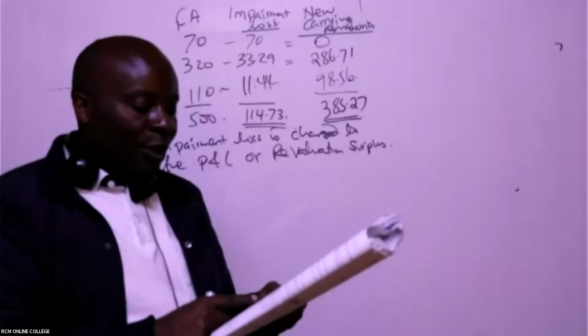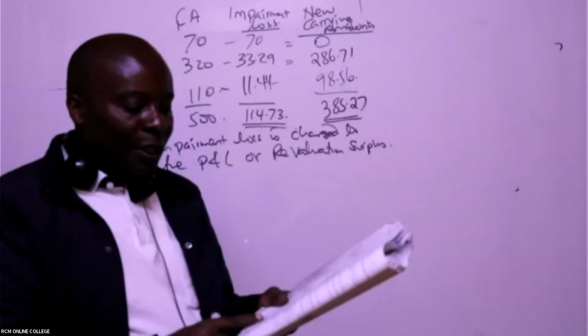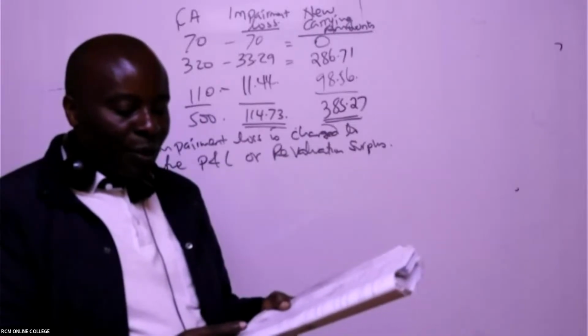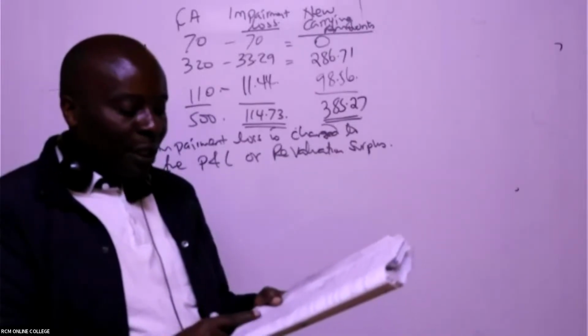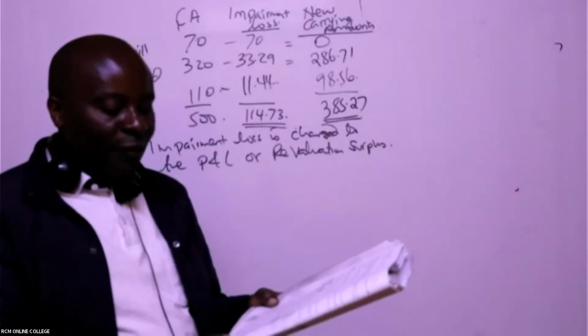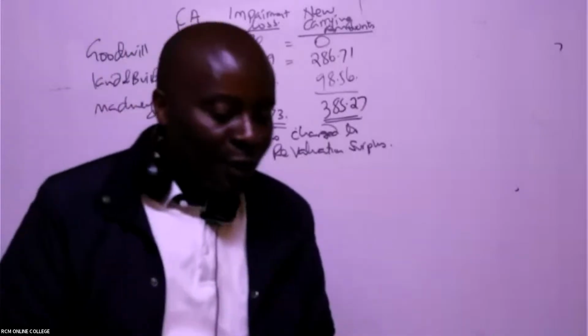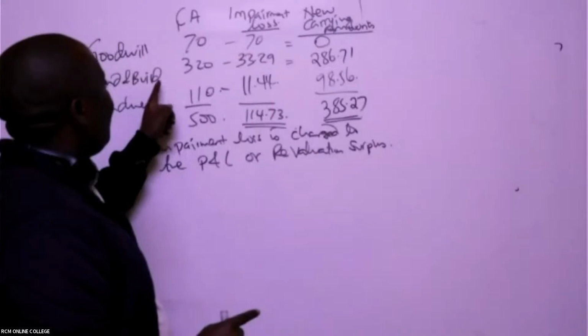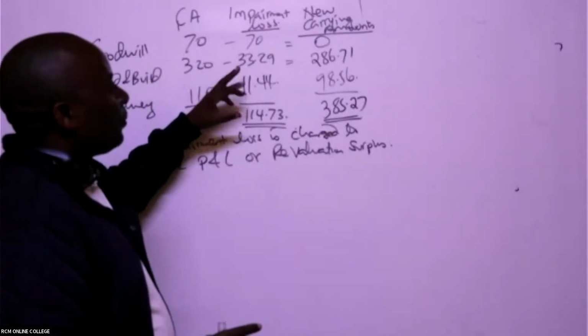If you look at note number 2, the land and the buildings are carried at a revaluation. The surplus relating to the revaluation of the land and buildings that remains in the revaluation surplus reserve as at this date is 65. Fortunately, that 65 can cover our land and buildings impairment loss.